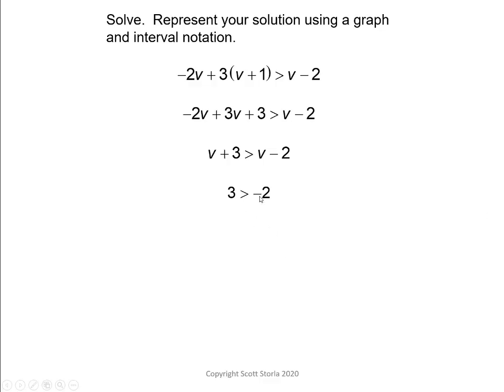This is a true statement, though, and that's trying to tell me that I can select any number I want for v, and this inequality is going to hold after I simplify. That means my solution is the entire real number line, and I can choose any value from negative infinity to infinity.